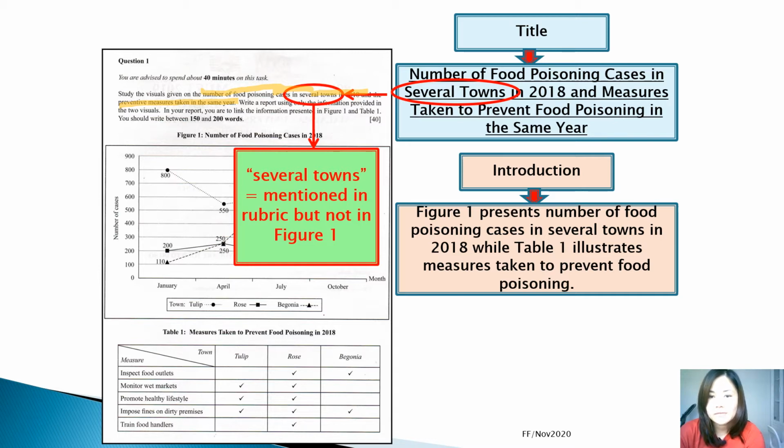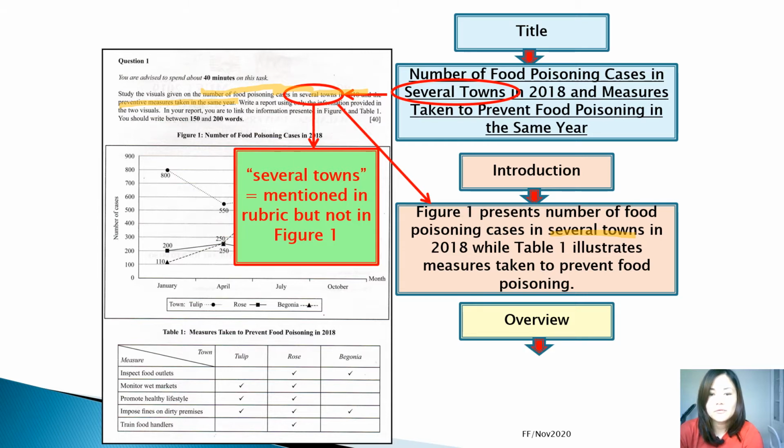Therefore, we have to include the words several times, even though they do not appear in the title, as well as for the table. What does it show? Okay, the measures taken to prevent food poisoning. All right.